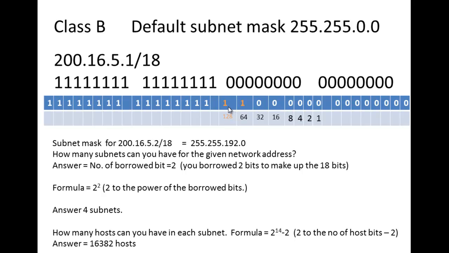So all you need to do, look in the octet, the section of the network that has a combination of the ones and zeros. Find out the decimal equivalent to the binary, and that answer will give you the number that you need for the subnet mask.